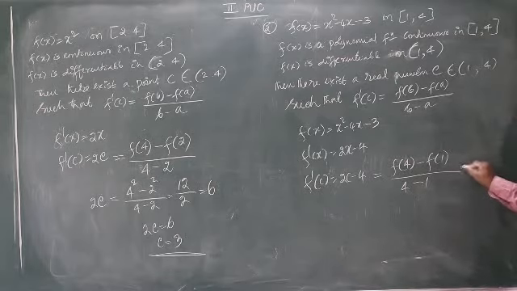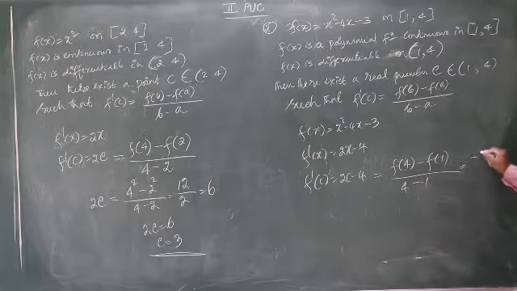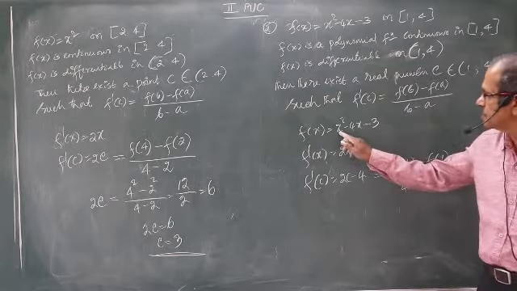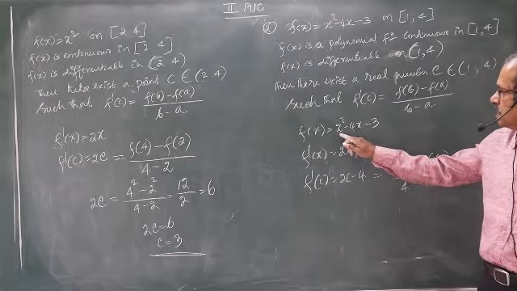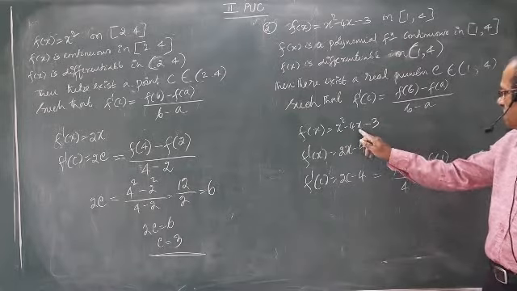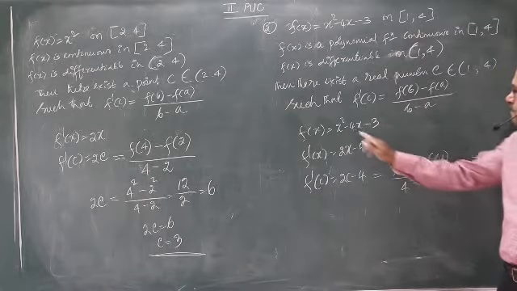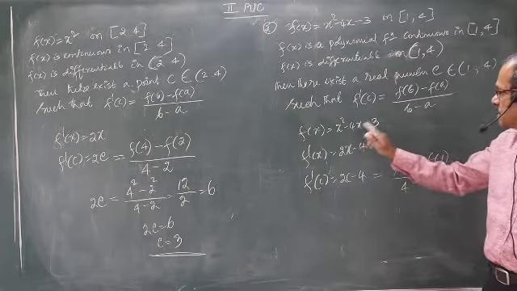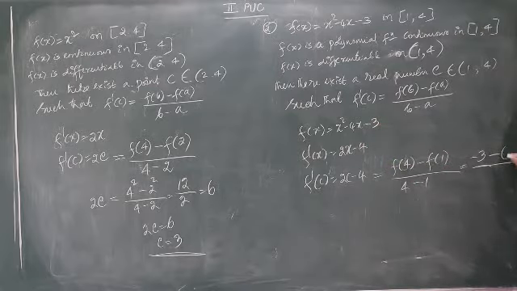f of 4 is 4 square minus 4 into 4, 16 minus 16 is 0, minus 3, correct? f of 1 is 1 minus 4 minus 3, that is minus 6, divided by 4 minus 1.